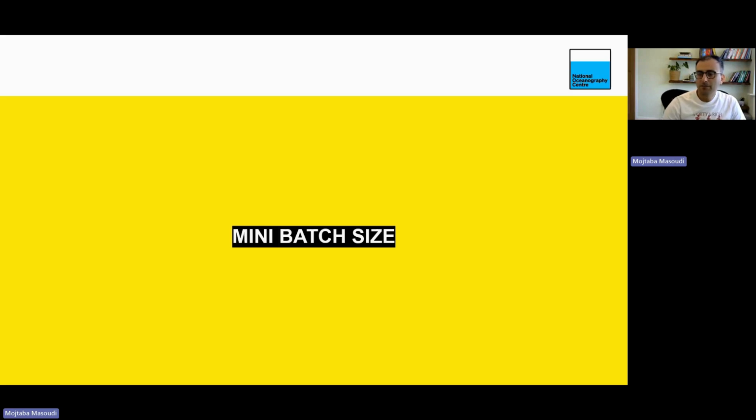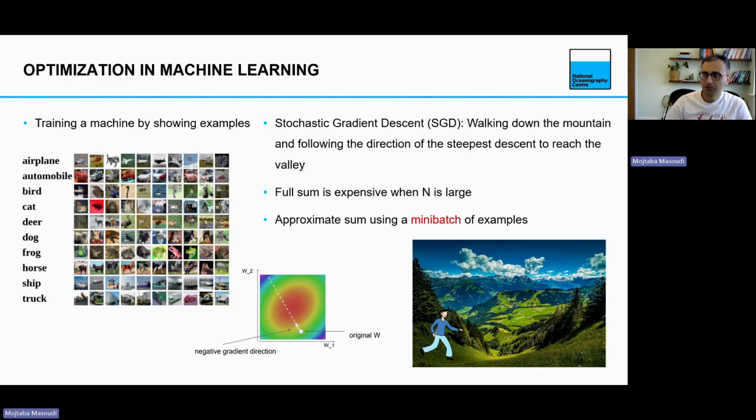Another thing is the mini batch size. To understand the mini batch, you need to know some basic optimization in machine learning. How machine learning is optimized is that we give an example to the machine, and the machine tries to produce the answer.